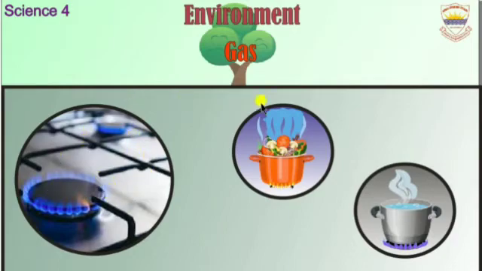So, we use gas for cooking food. And we use gas for boiling water. Why do we use gas? We use gas for cooking food and for boiling water.